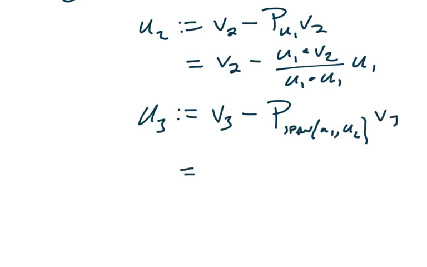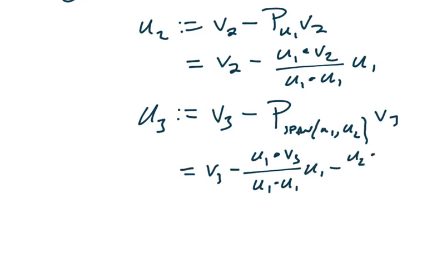And if you want more detail in this formula, this is V3 minus U1 dot V3 over U1 dot U1 in the direction of U1 minus U2 dot V3 over U2 dot U2 in the direction of U2.